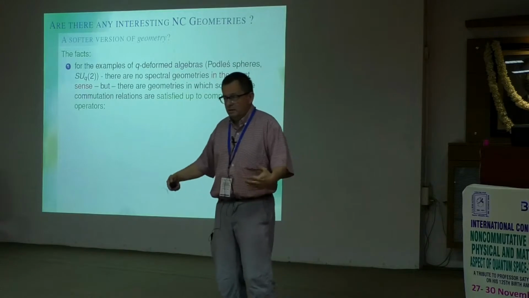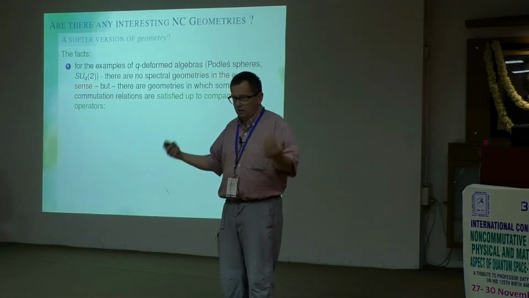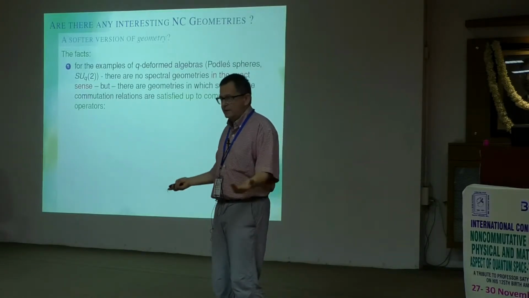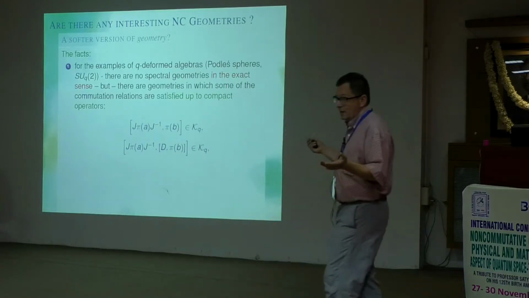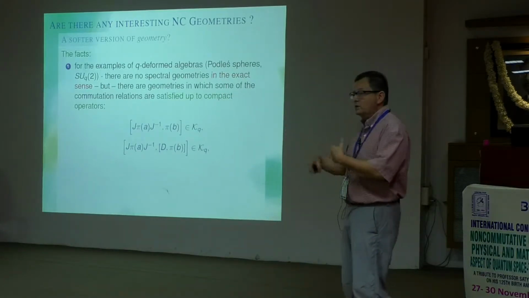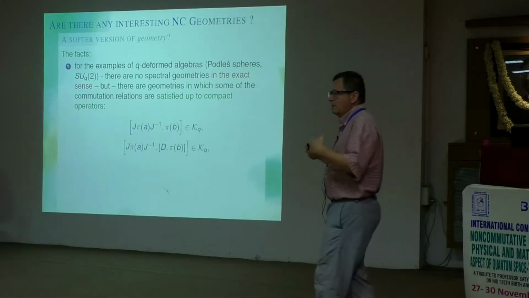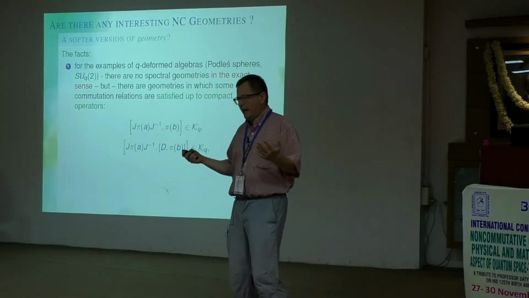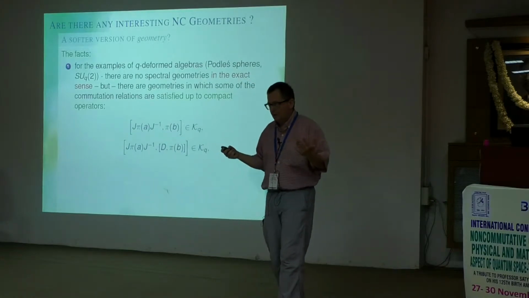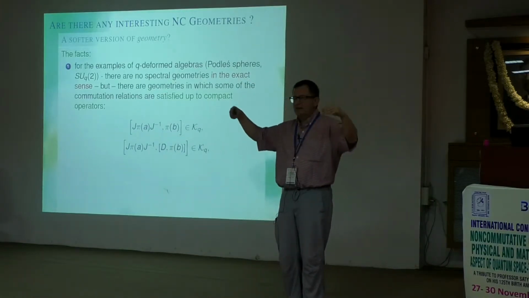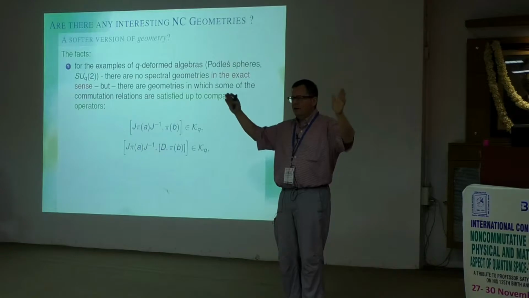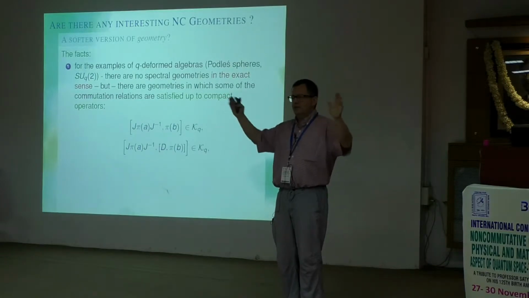So the solution is, you relax some of the axioms. And that was proposed some time ago, that the way to relax the axioms is that you replace 0 by epsilon. And of course, this is saying that we have some conditions that something should be 0.